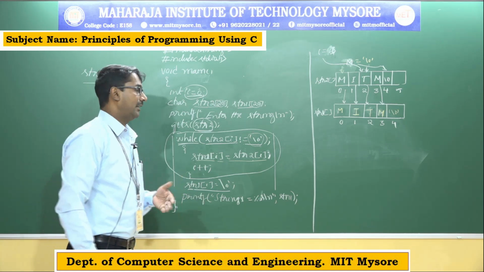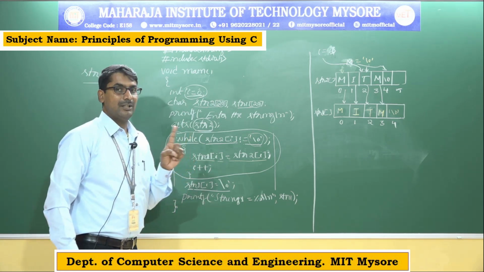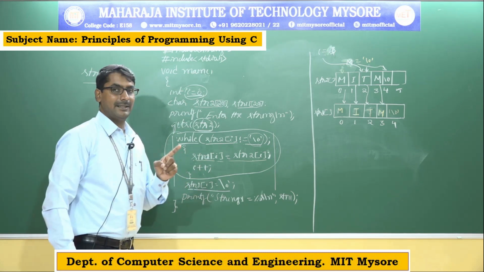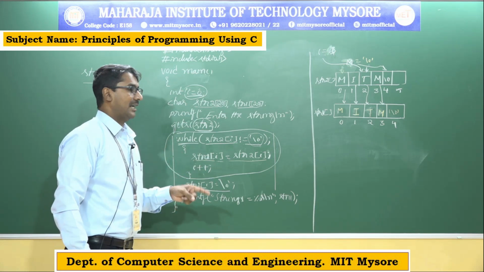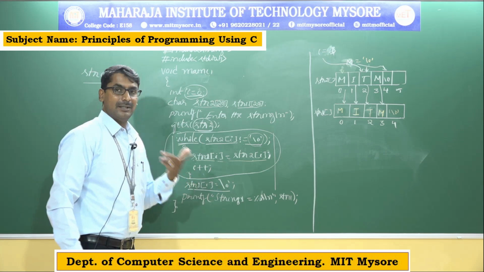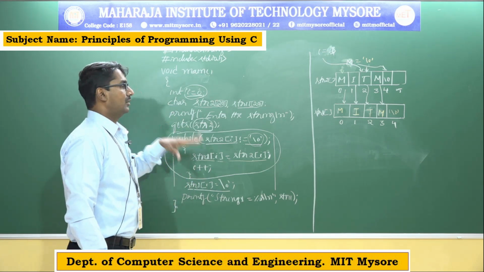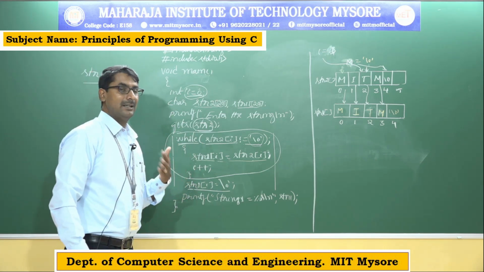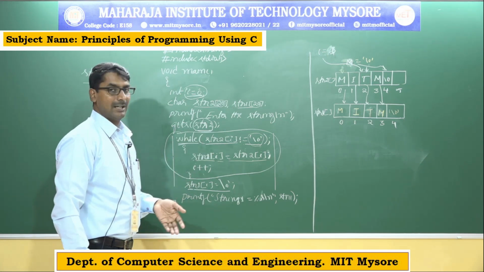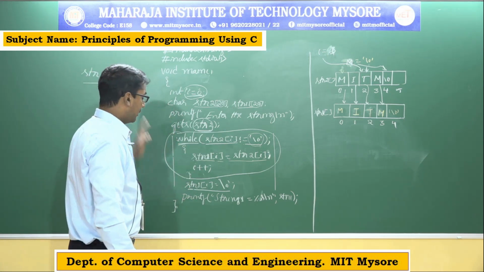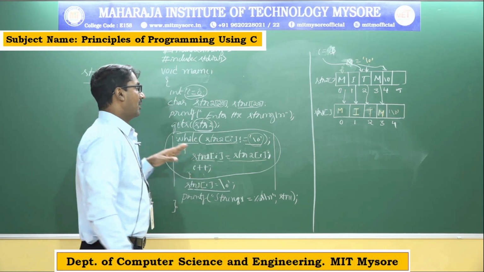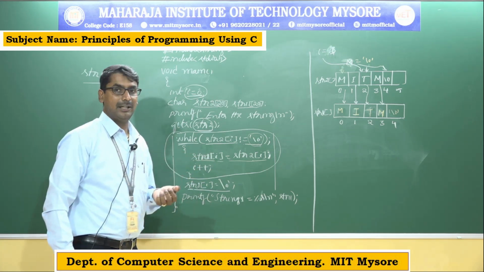But if you use a built-in function, we can write only one line statement, that is strcpy within bracket str1 comma str2. So the use of built-in function is very useful or very easy instead of writing the string copy operation without using built-in function.